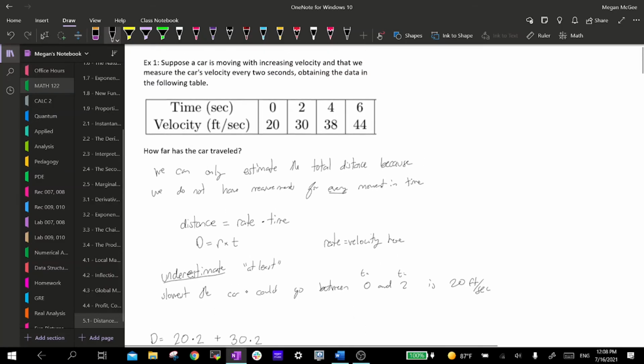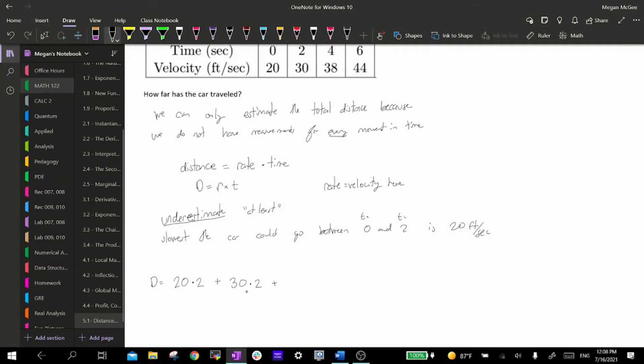So again, we need to add this to the slowest the car could be going between 4 and 6, which is 38. Again, times 2. So if we add all this up, we get that our total distance is 176 feet.